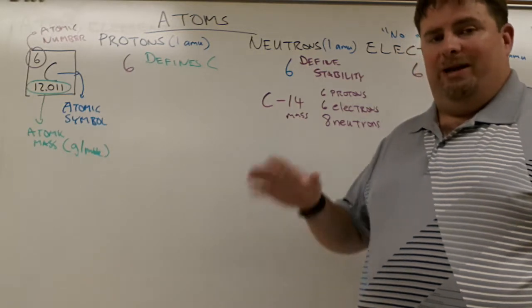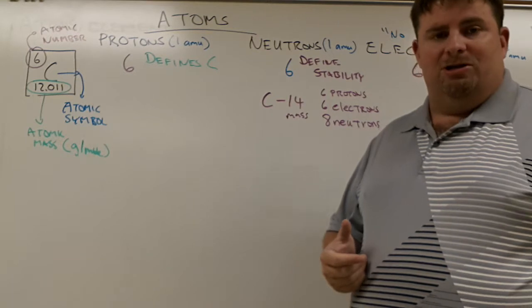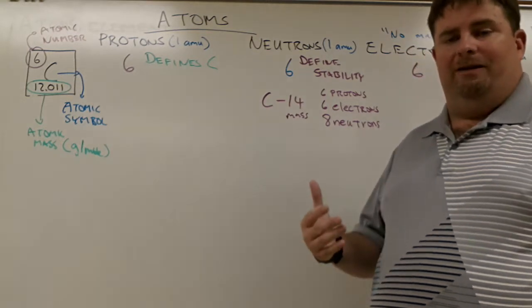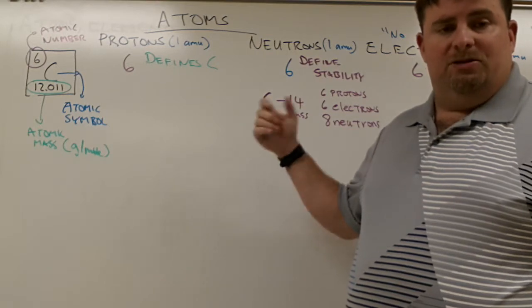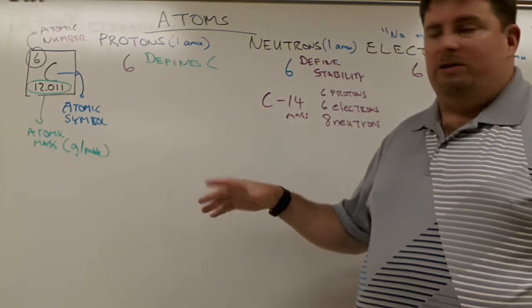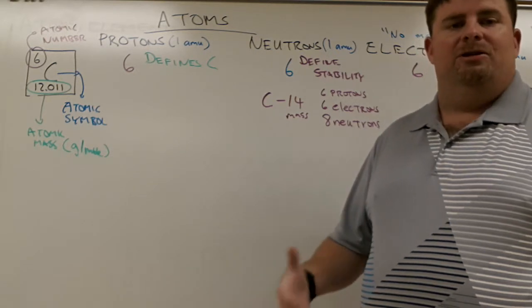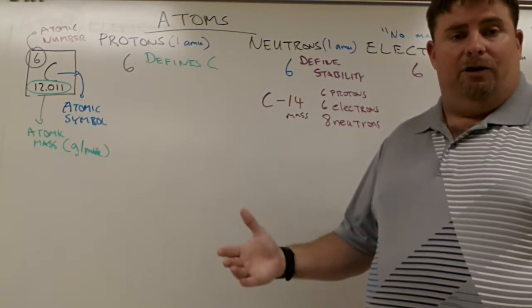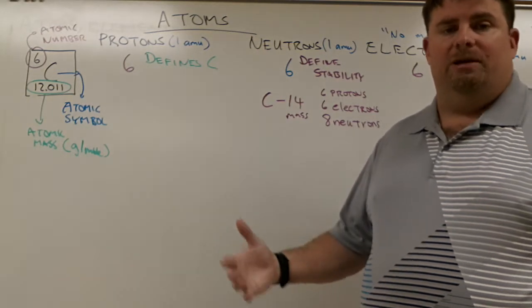When we die, we get buried, we stop going through that process. So slowly the carbon-14 inside of us, it's got to do something because it's unstable. It starts going through radioactive decay. And in doing so, every 5,700 years, half of the sample of carbon-14 has decayed into nitrogen.